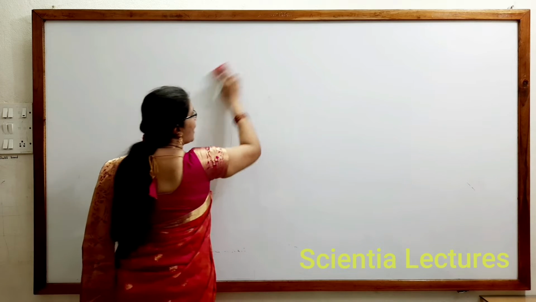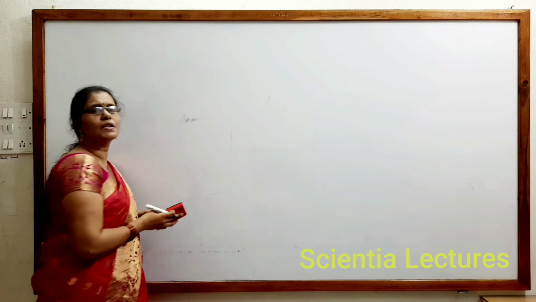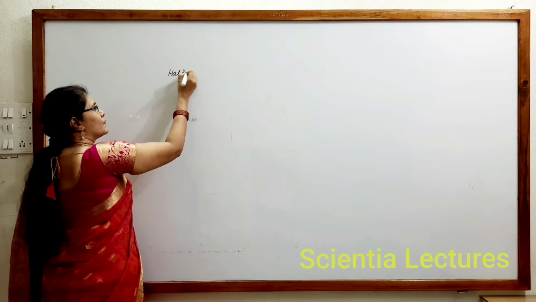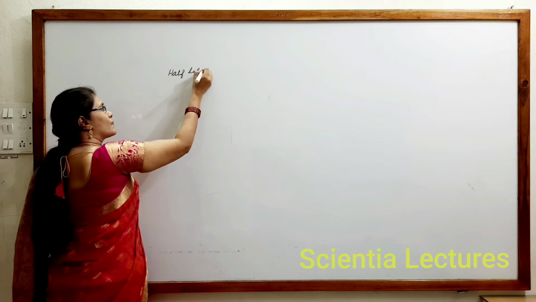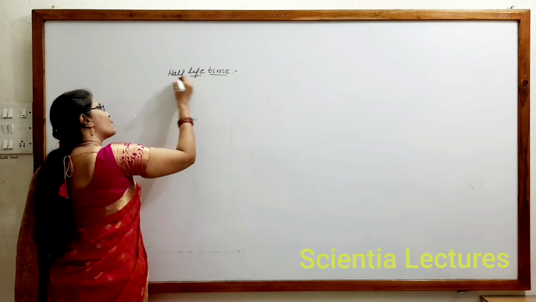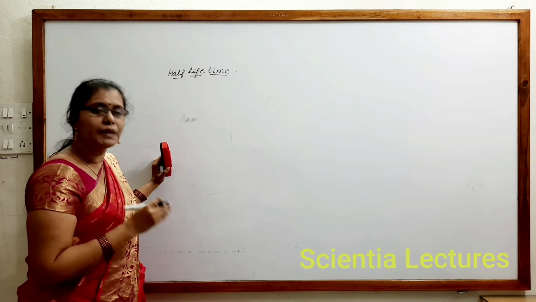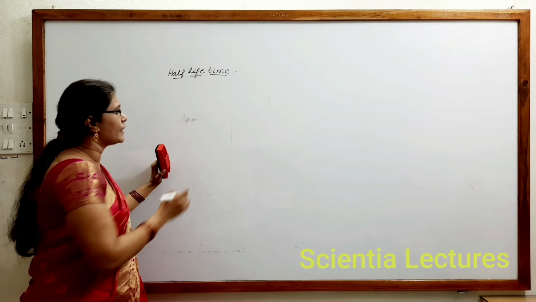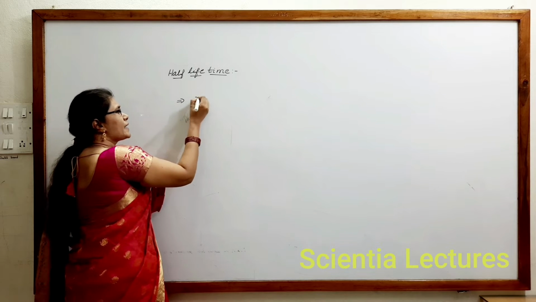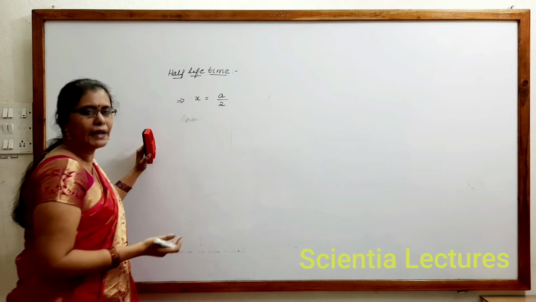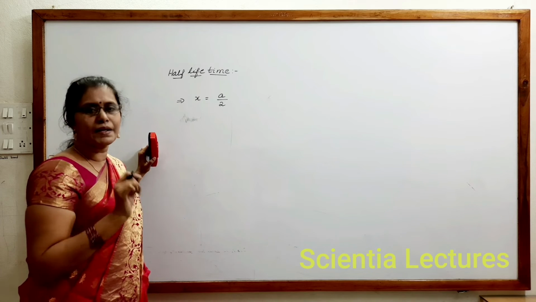Now let us see the half-life time of a zero order reaction. What is meant by half-life time we have seen in the last module. It is the time taken for half of the reaction to be completed, which implies here x must be equal to A by 2. Half of it should be reacted. Here x indicates the reacted amount.